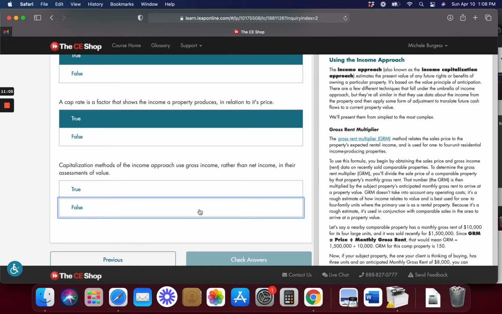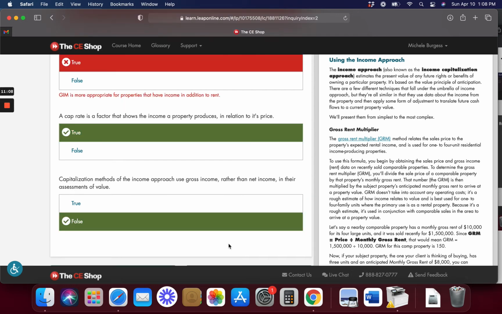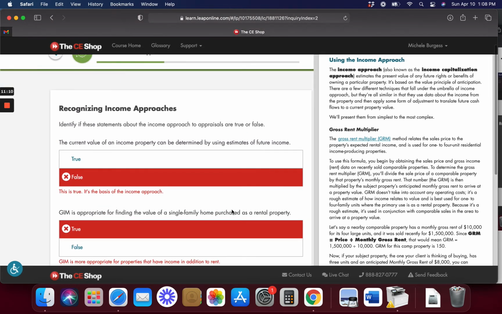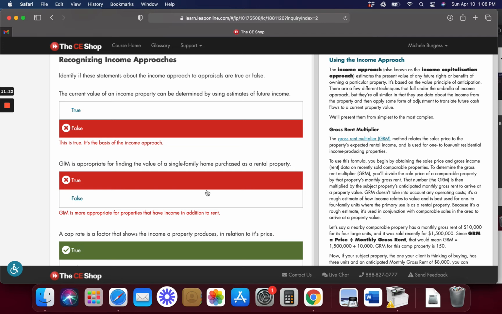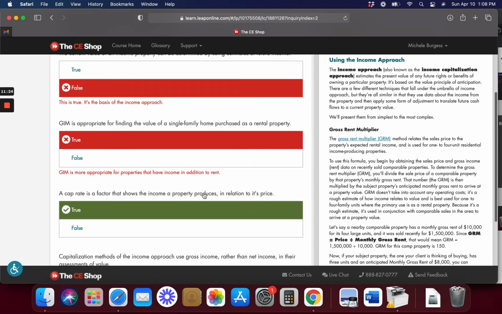Oh no. Okay, so these two. The current value of an income property can be determined by using estimates of future income. Is true. GIM is no, it does not help you.